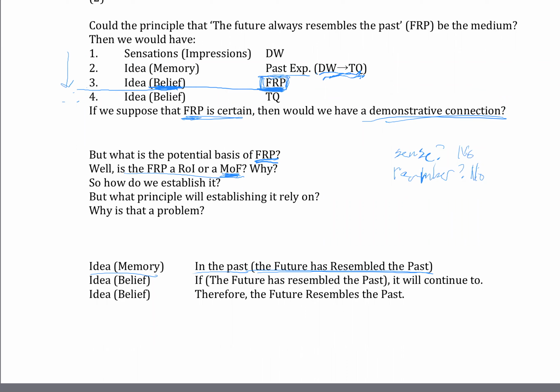Okay, so it's not intuitive, it's not demonstrative. I don't know it through sensation, I'm not presently sensing it, and I'm not remembering it in the past because the past is past and it's about the future and what I believe right now.